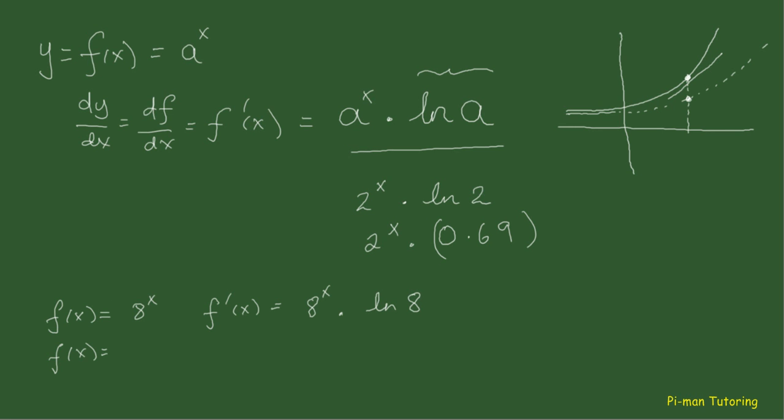F of x equals 1/2 to the x, and then f dashed of x is 1/2 to the x, the original function, multiplied by the natural log of 1/2. So let's just write that again. F of x is a to the x, f dashed of x is a to the x multiplied by the natural log of a.